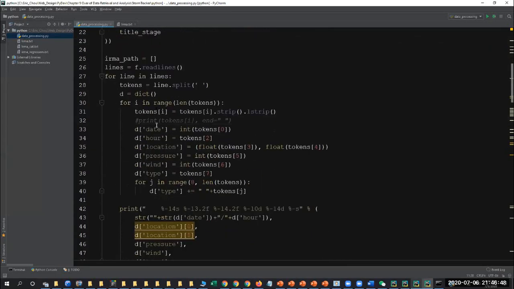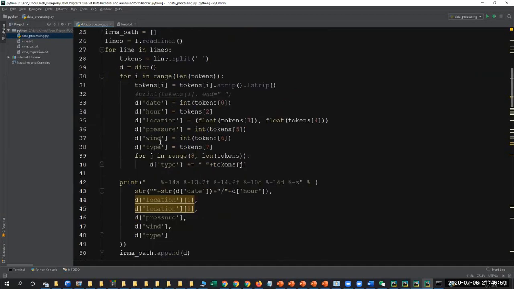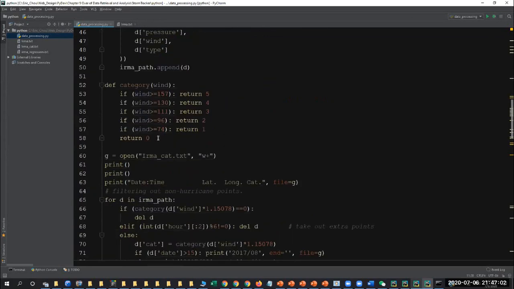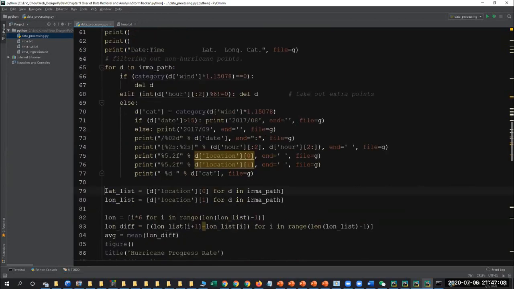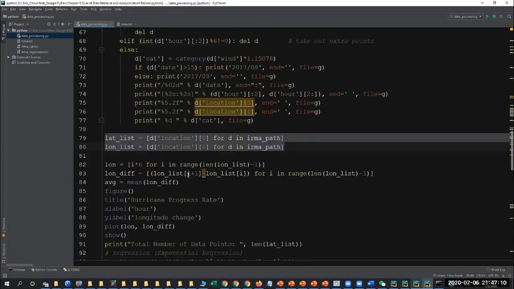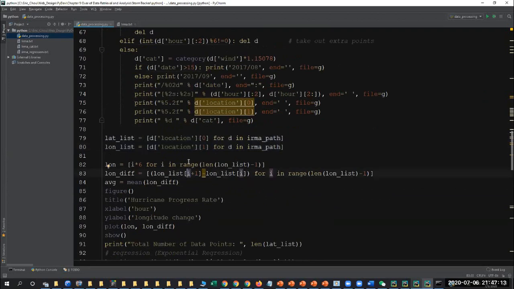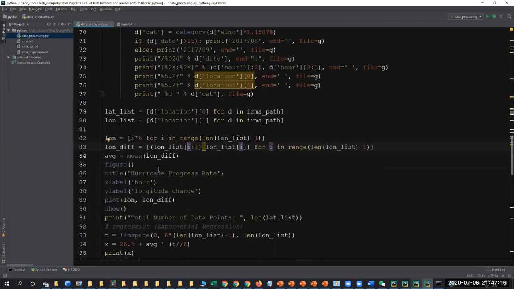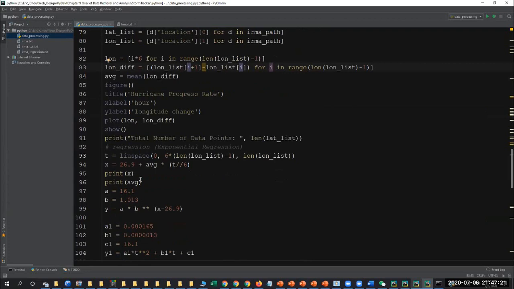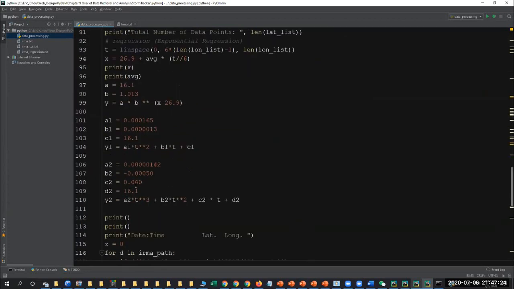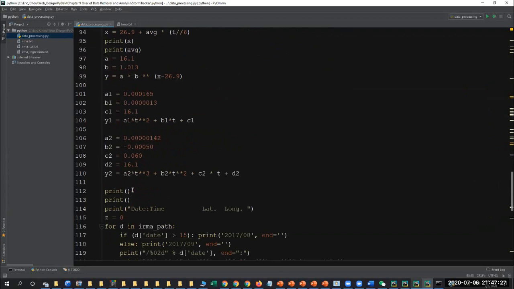After printing them, we put them into a dictionary: the date, hour, location, pressure, wind, and type. After we put them into the dictionary, we extract the data to a longitude list and latitude list, and we do calculation. Then we come out with some data. That would be the X and Y plot we have, and I'm trying to do curve fitting for it.